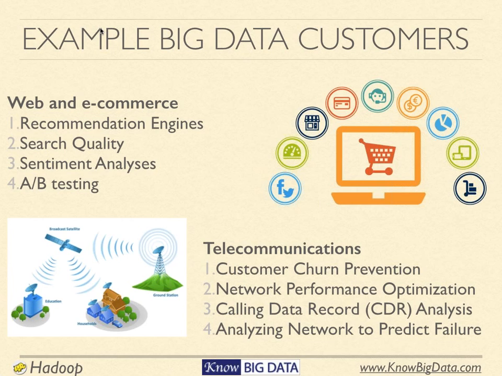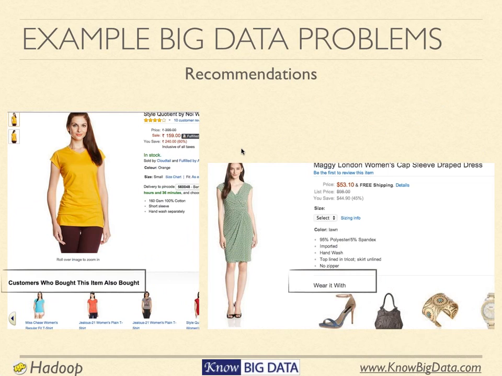So first is a recommendation engine. What exactly is a recommendation engine? A recommendation engine is a system recommending things to you on various parameters. The first one could be people who bought this item also bought those things. In this case, we do not know your history of purchase.